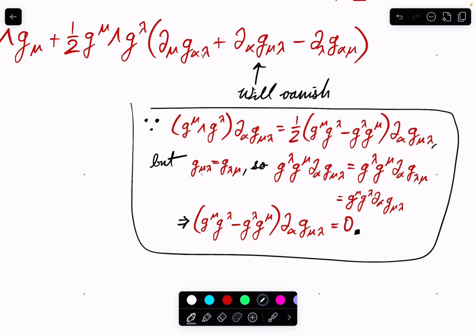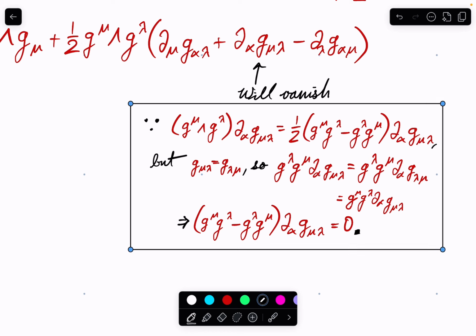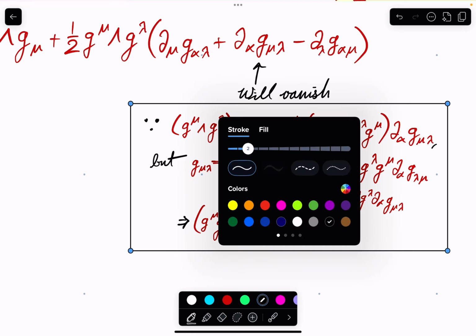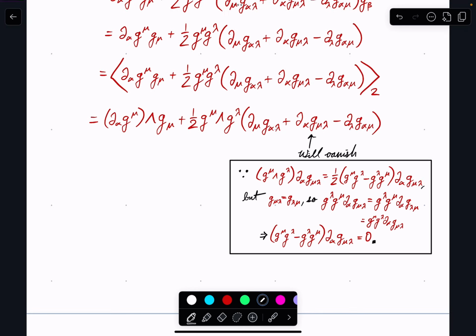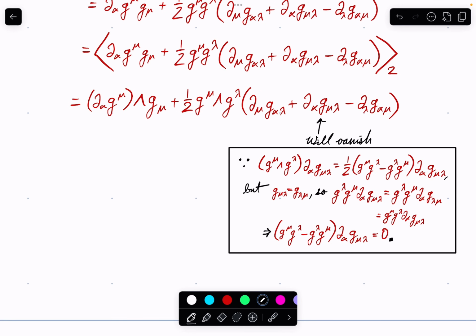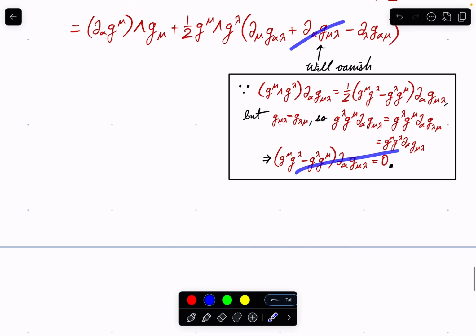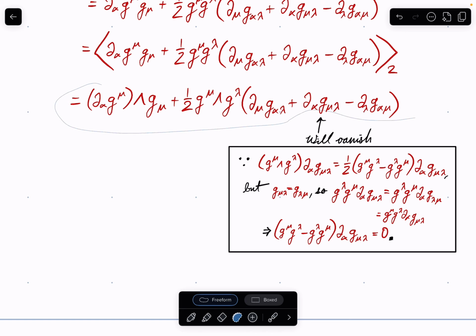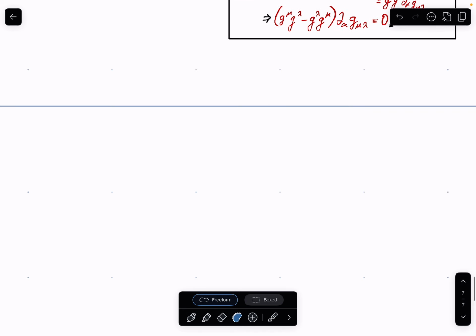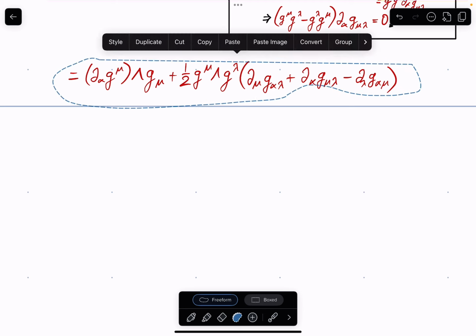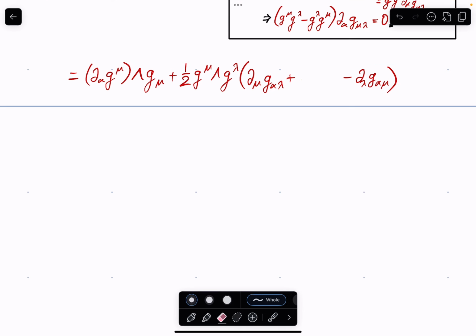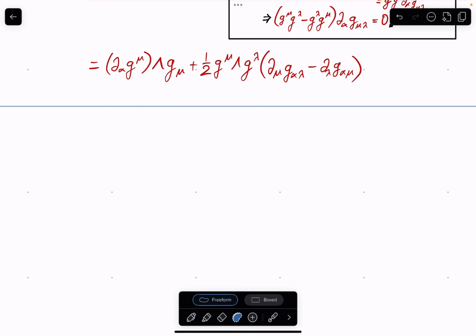And then let's put this in a box. So now we know that this is going to go to 0, so we can just remove it in our next line. So I'll just copy and move this stuff around, like so.